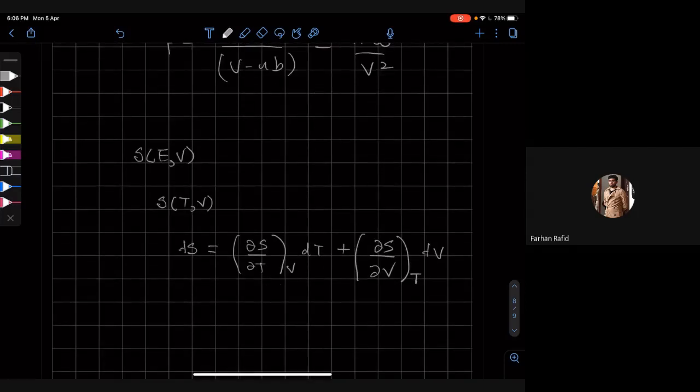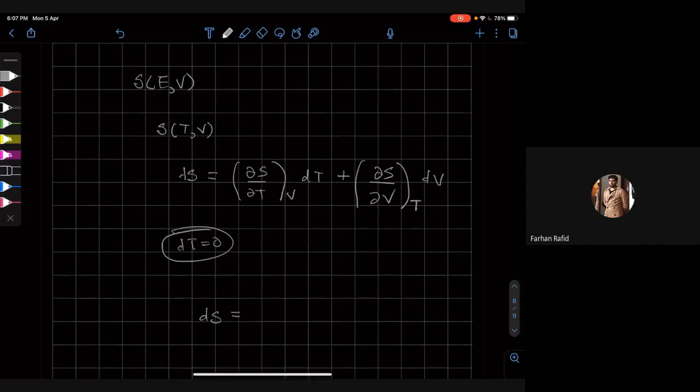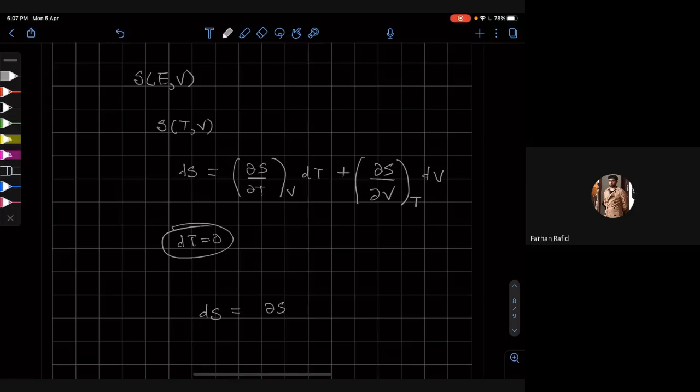Okay? So for the first thing, dT, and why did I do this? Because I wanted to use the fact that dT is 0. If I use that fact, then the change in entropy is going to be given by ds by dV, where T remains constant, times dV.